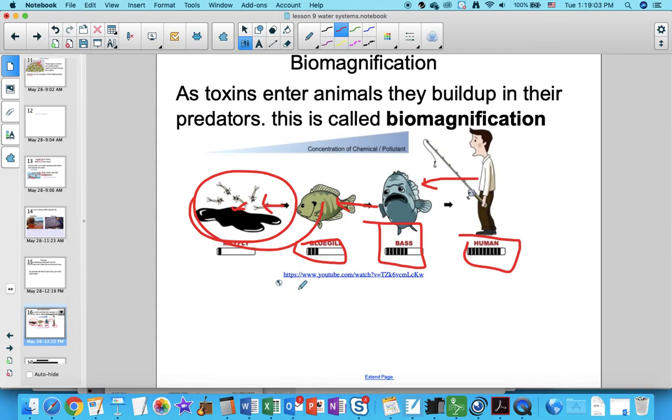This is very true with a chemical called mercury. Biomagnification with mercury is very dangerous. Mercury poisoning can affect our balance, our senses, can affect our cells, and can make us very, very sick. So this is very important to understand, to know how fish and the pollution in their environment can actually negatively affect our lives.